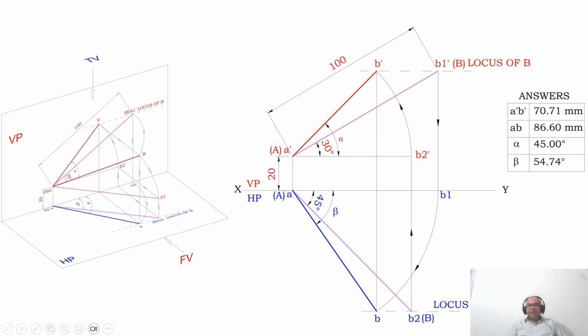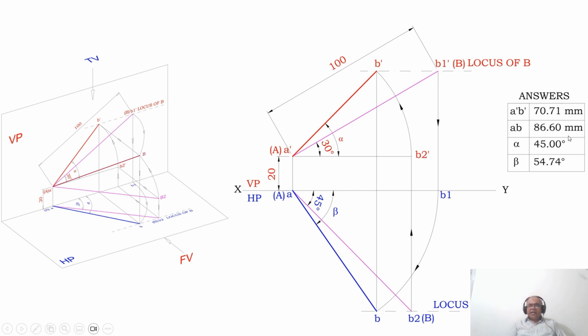And by using the scale, you measure A dash B dash, which is 70.71, and you measure AB, which is 86.60 mm. Then by using the protractor, you measure the angle alpha, which is 45.00, and beta is 54.74.